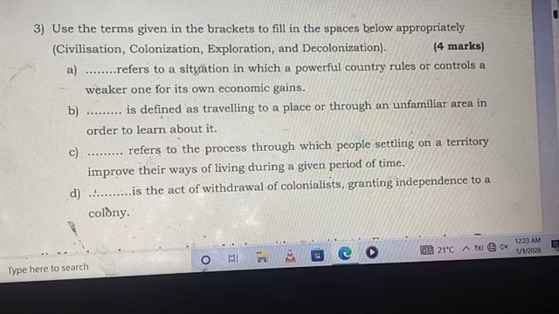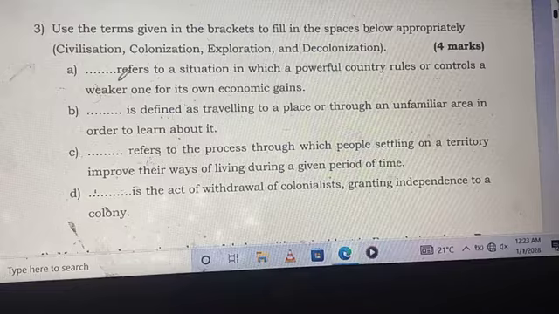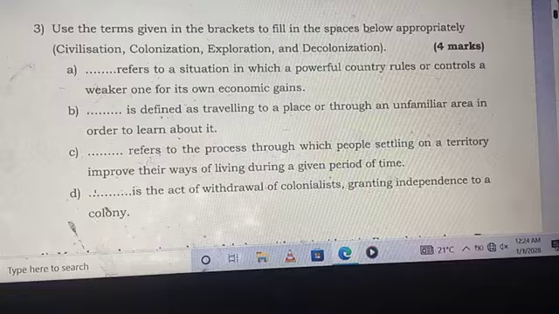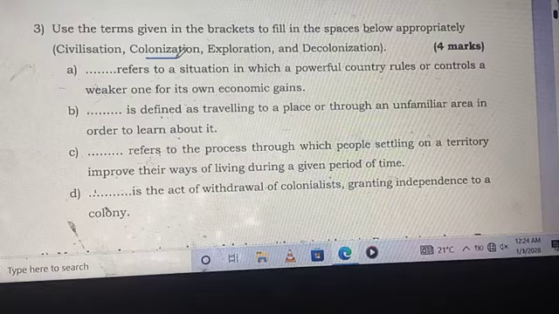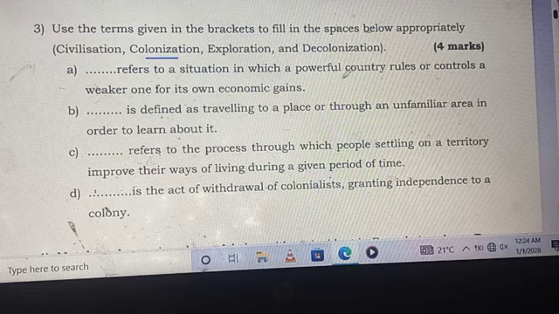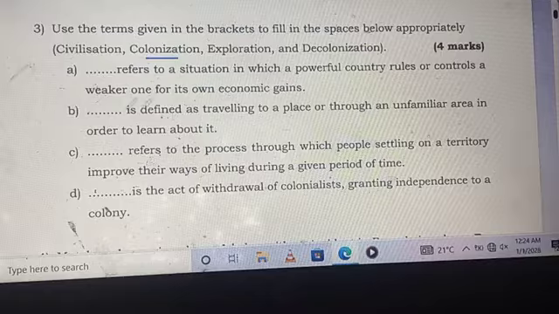Which term matches this sentence? The best term for sentence A is colonization. Colonization refers to a situation in which a powerful country rules or controls a weak one for its own economic gains.